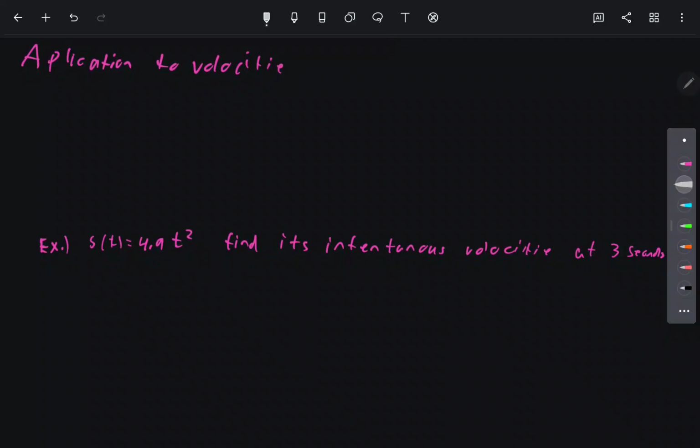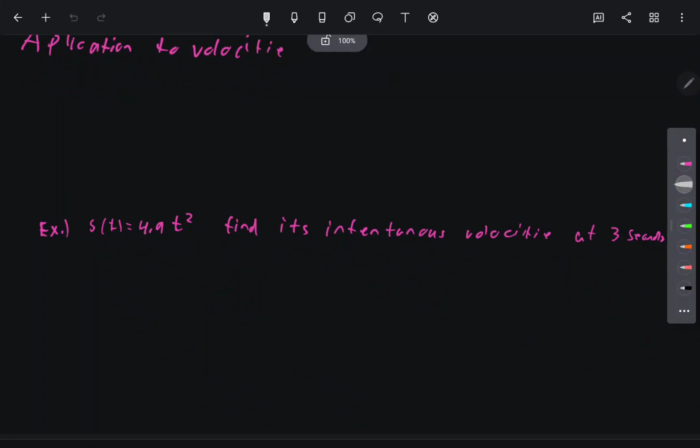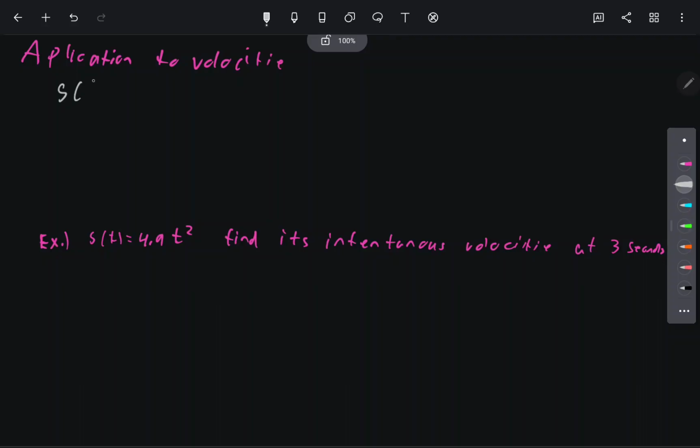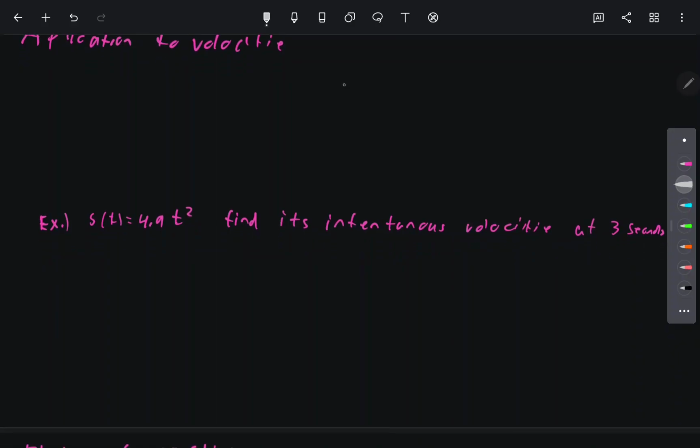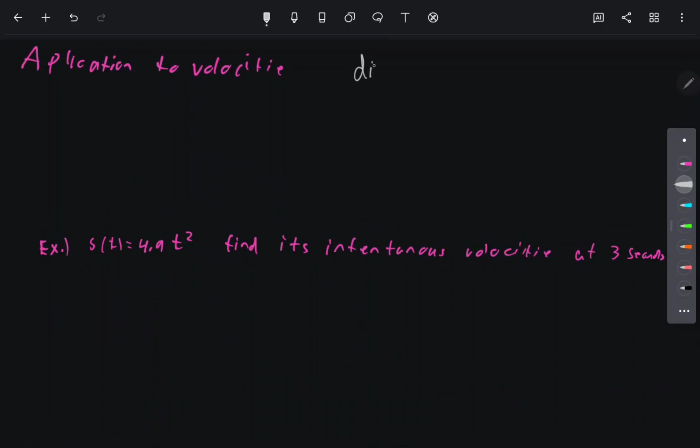So application to velocity, well, we know that velocity is given by the function like s of t, the displacement of an object. So, if I wanted to, say, find the velocity at a given point, well, velocity is distance divided by time.